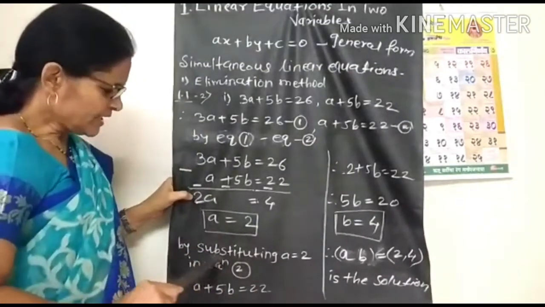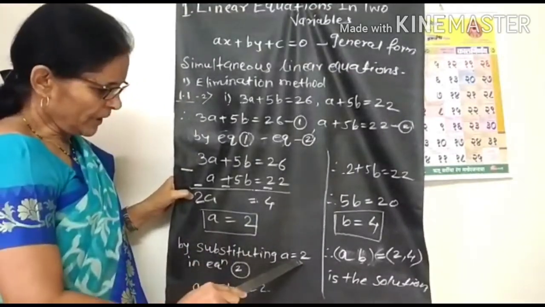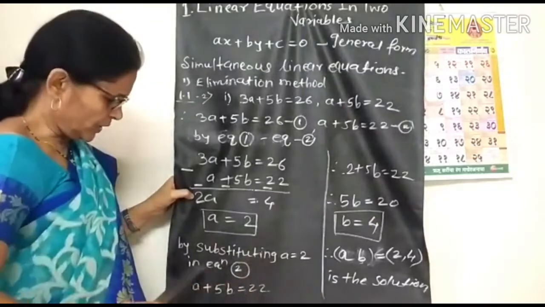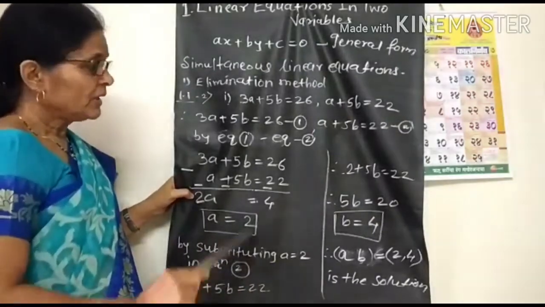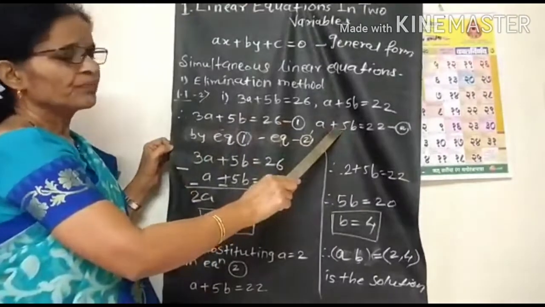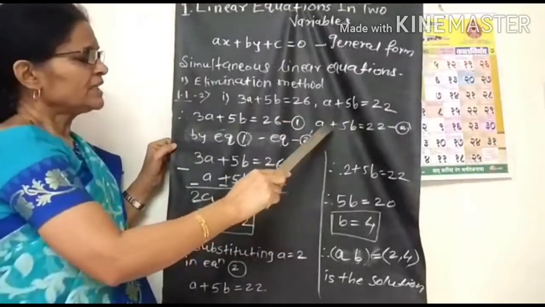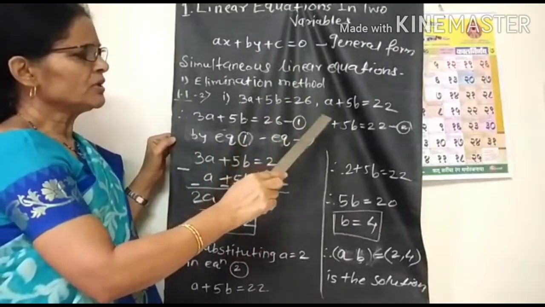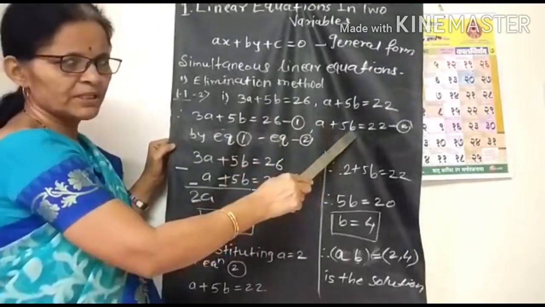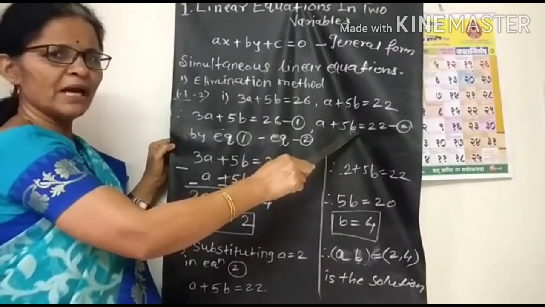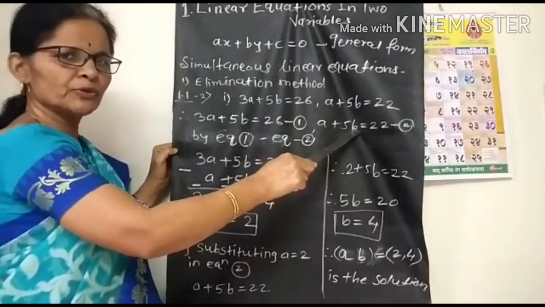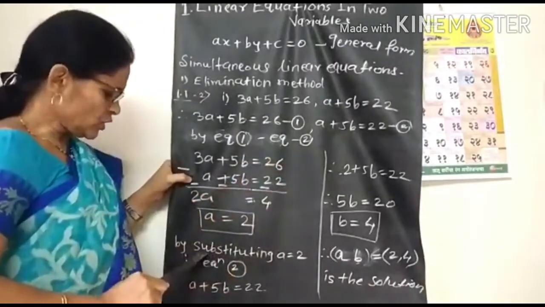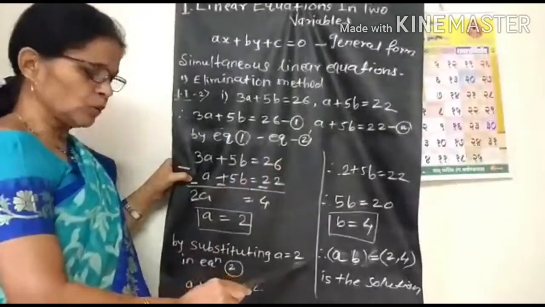Now by substituting value of a, a equal to 2, in equation 1 or 2. There are two equations, which is the easier equation or the one with less calculation? The second one, so we substitute the value in the equation where we have less calculation. You can write also by putting a equal to 2.